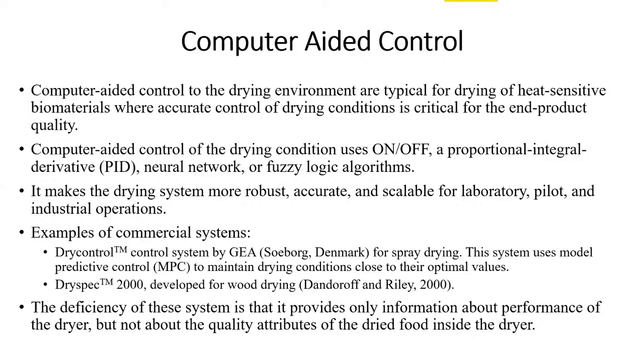How is the temperature, how is the humidity, etc. But it doesn't provide information about the quality of your product during drying. Therefore, even with this commercial system, we still need to incorporate another system into it in order to monitor the quality of the product during our drying operation.